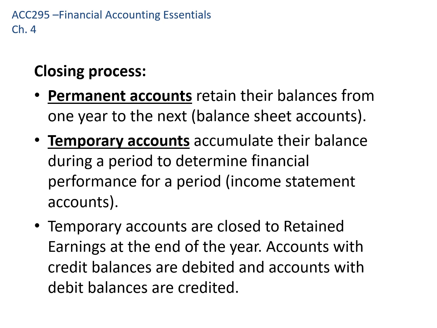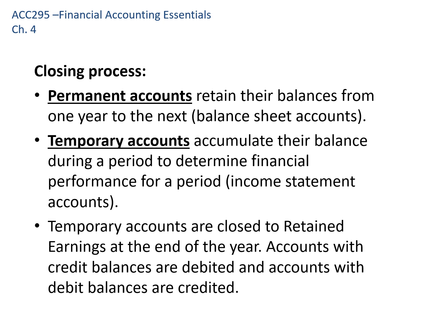So I'm going to close those temporary accounts, and I'm going to close them to retained earnings. That's how net income gets into retained earnings. So accounts with a credit balance, meaning revenue accounts for the most part, are going to be debited, and I will credit retained earnings. And accounts with debit balances like expenses are going to be credited, and I will debit retained earnings.